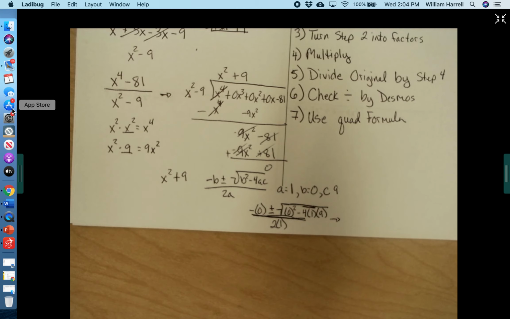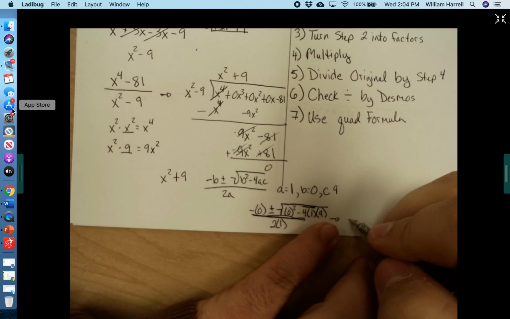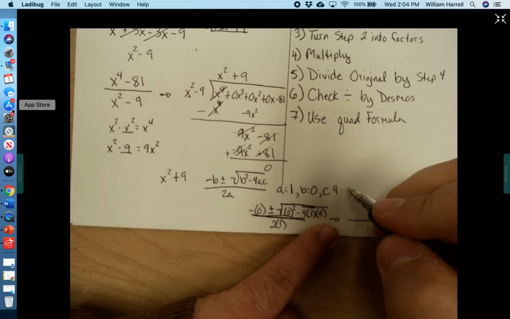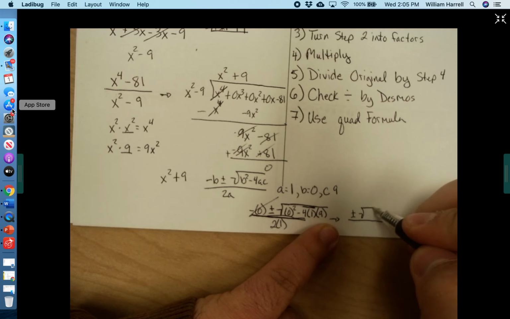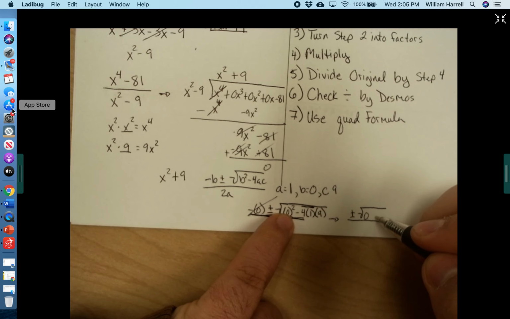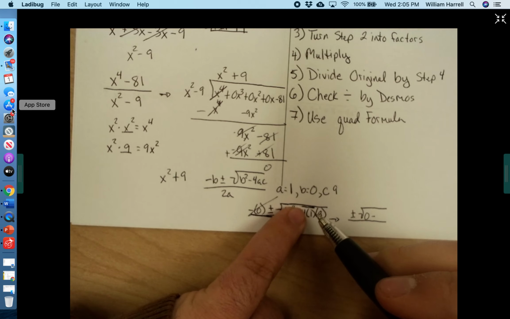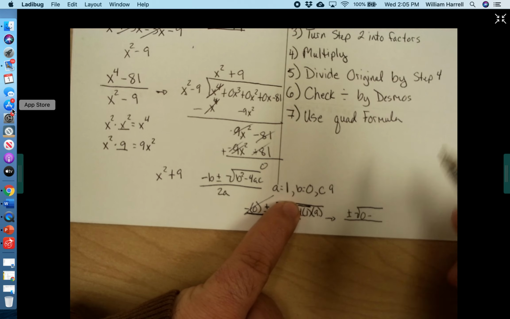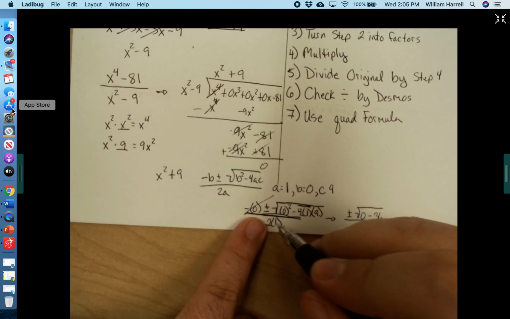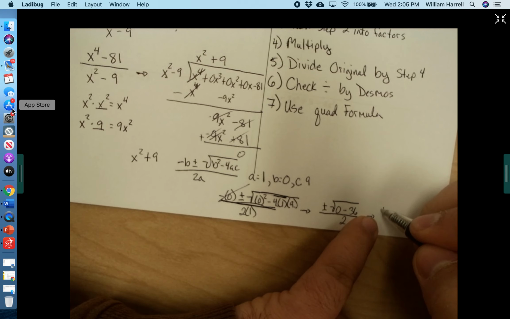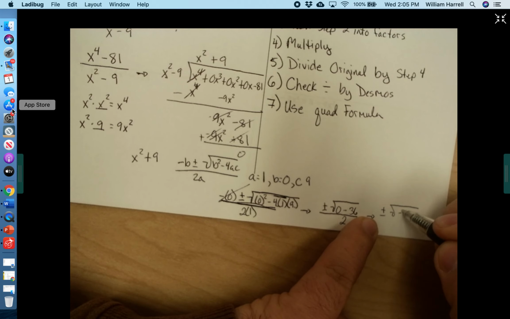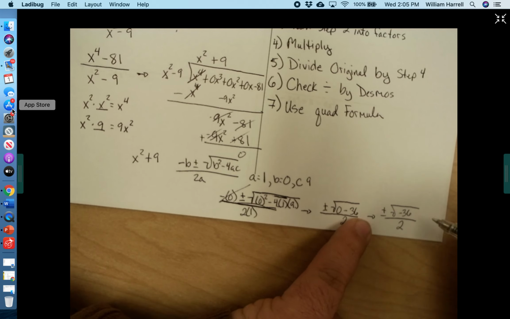If you're going to make a mistake once you get done dividing, this is going to be it. Take your time, slow down, make sure you don't have any sign errors. Negative 0 is just 0. So I'm going to have plus or minus square root. 0 squared is 0. Minus, and then 4 times 1 times 9 is 36. All of that divided by 2, which simplifies to plus or minus square root of negative 36 divided by 2.